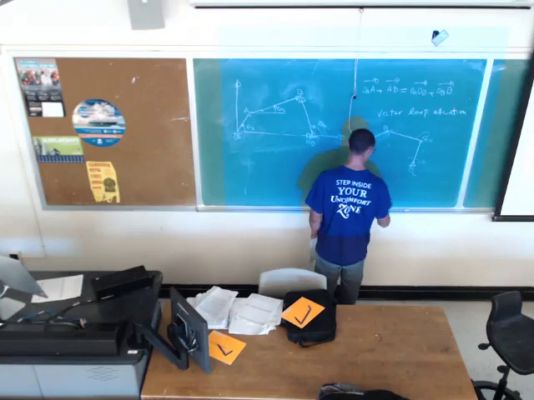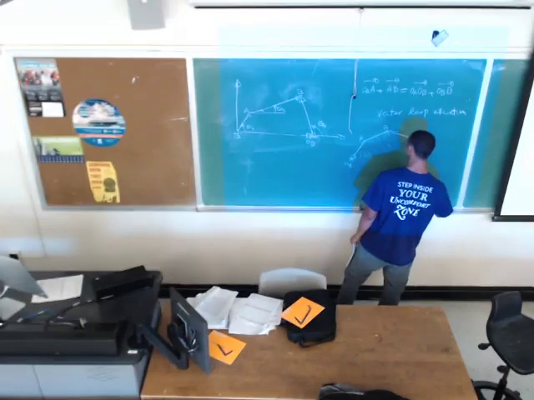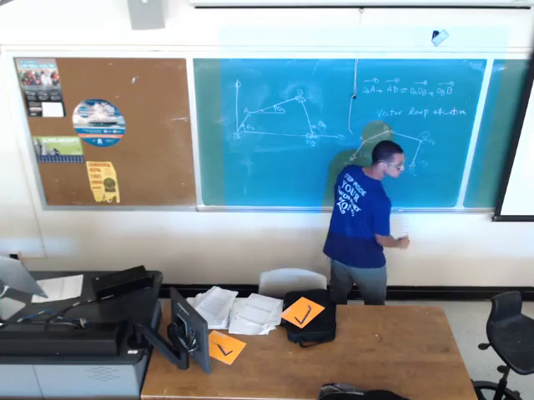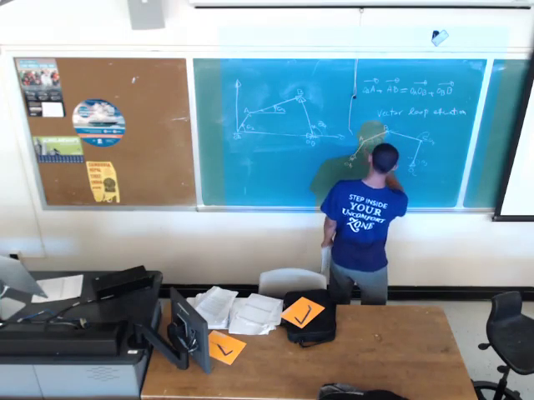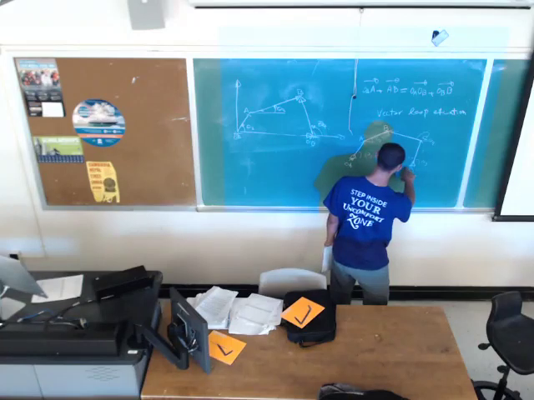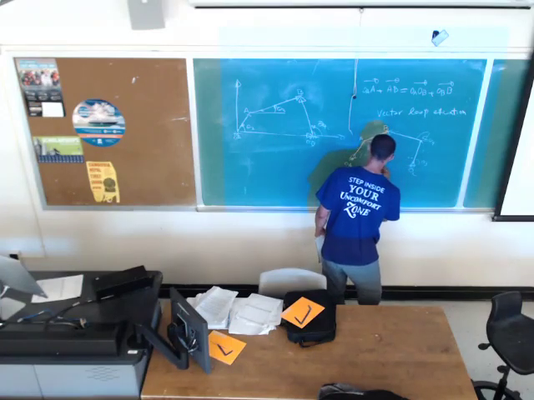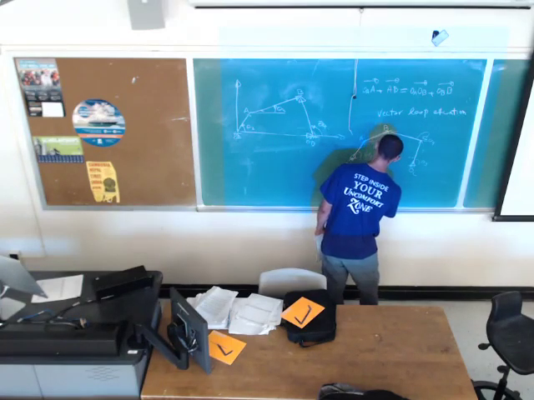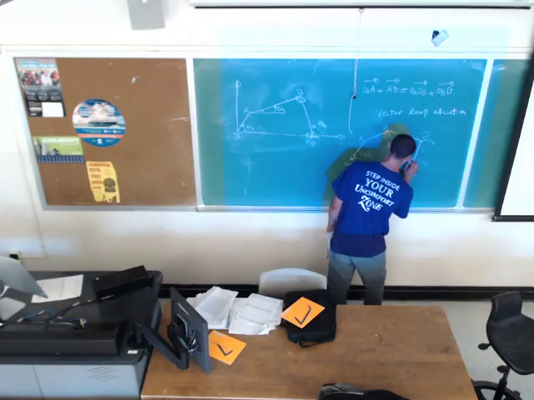Yes. 1 link is ground, so since it's a link, it should be a vector.